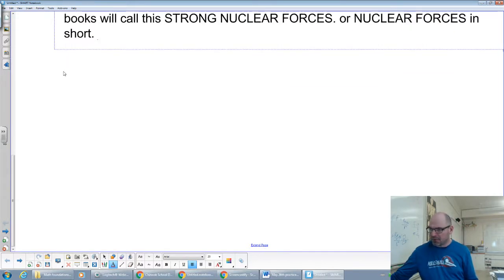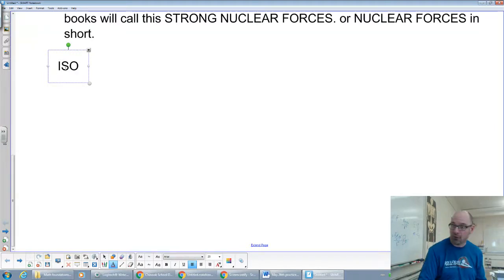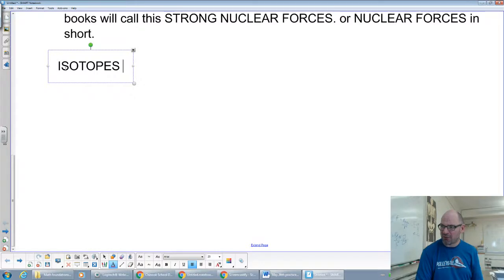So when we talk about isotopes, let's see if I can spell isotope right. Better look that one up because my spelling is bad today. When we're talking about isotopes, we're basically saying that they contain protons, neutrons, and electrons.